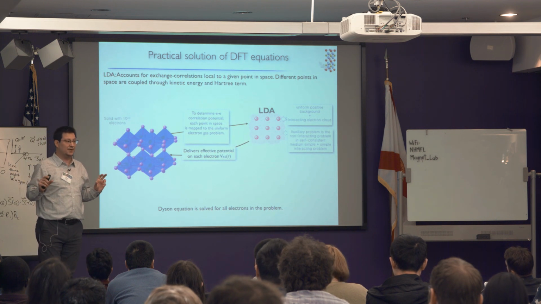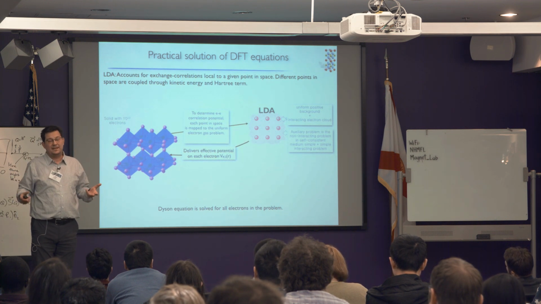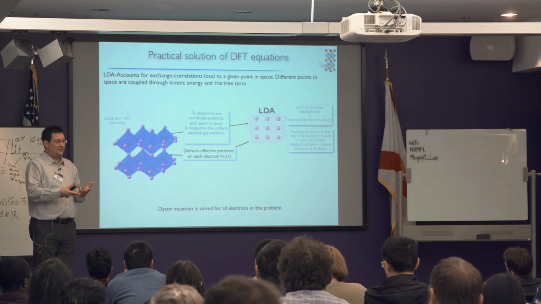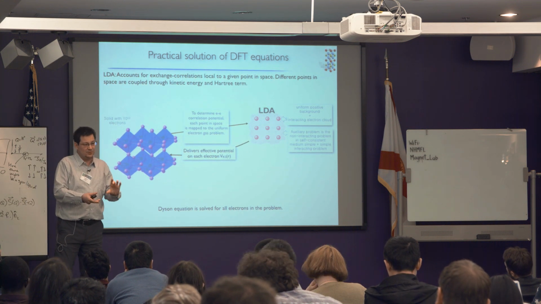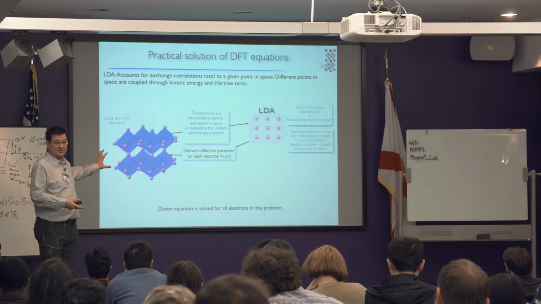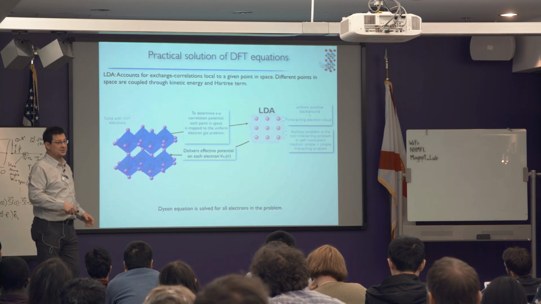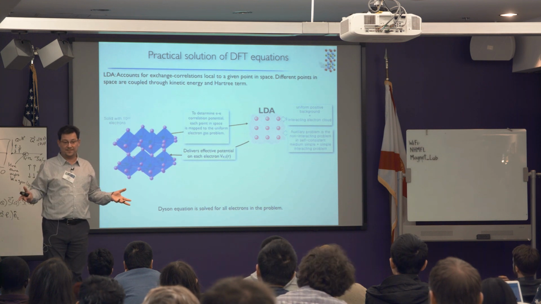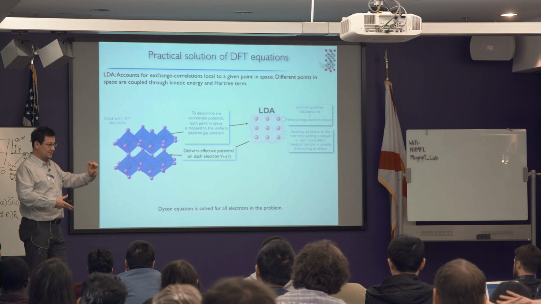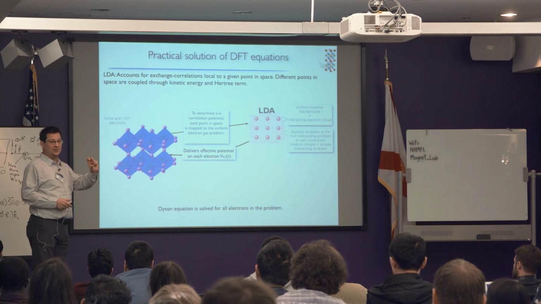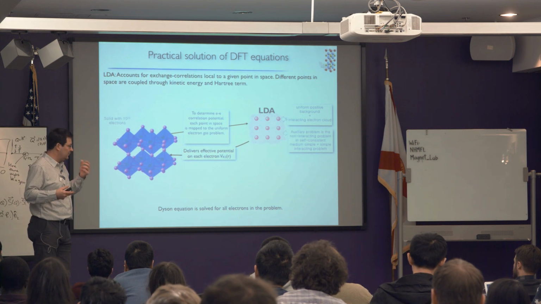It's actually very important. Many times we want to get some basic understanding of the system, and therefore we produce a low energy model. Here, the philosophy is very different. Don't try to produce a low energy model. Solve the Dyson equation for all the electrons in the problem, okay? Don't just be happy with the lowest one. Why is that the reasoning?